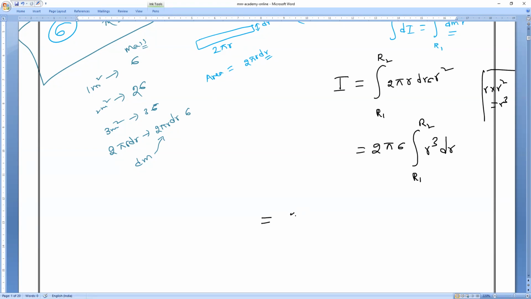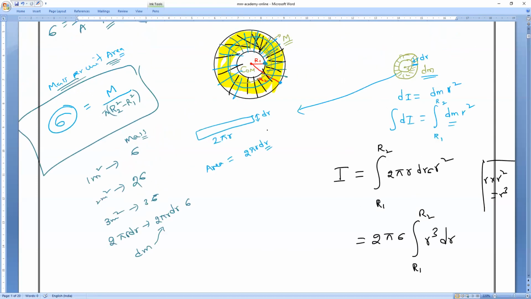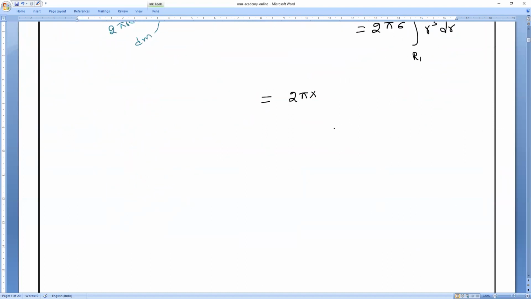Now sigma value, we all know that. So 2 pi into, what is the sigma value? We have found it here. Mass per unit area. How much, guys? M divided by pi into r2 square minus r1 square. So pi will get cancelled, into the integration of r cube. How much?